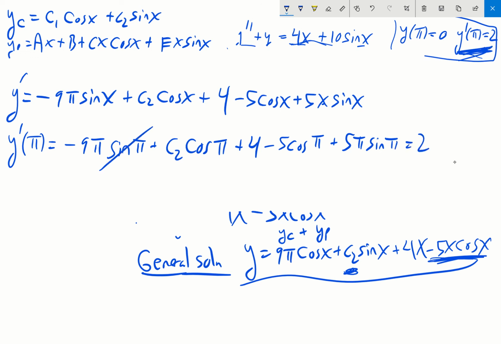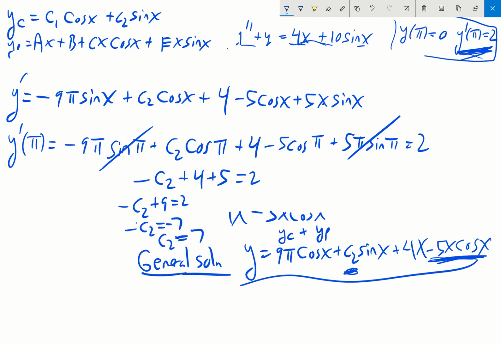We know that the sine of pi is 0, so those terms are going to be 0. Cosine of pi we said was negative 1, so we have negative c2 plus 4. And negative 1 times negative 5 will become a positive 5, equals 2. Negative c2 plus 9 equals 2. Negative c2 equals negative 7. And therefore c2 equals positive 7.